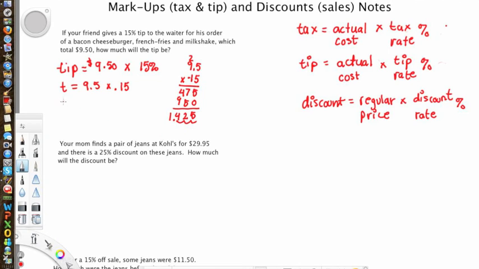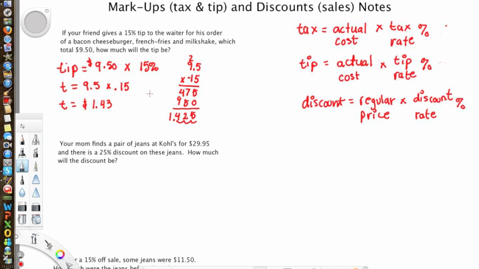So my tip is going to be $1.425. And since we're dealing with money, we've got to round that to the nearest penny. It's going to be $1.43.